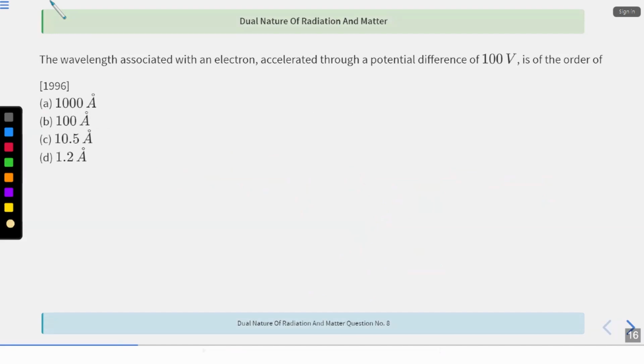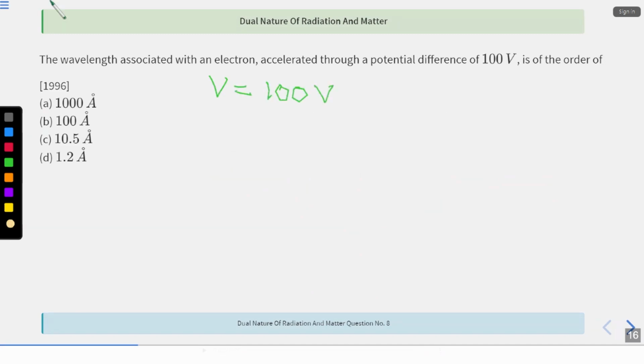The wavelength associated with an electron accelerated through a potential difference of 100 volt is of the order of 1000 angstrom, 100 angstrom, 10.5, 1.2. Okay, so first of all, we have been given the potential difference, that is big V equal to 100 volts.